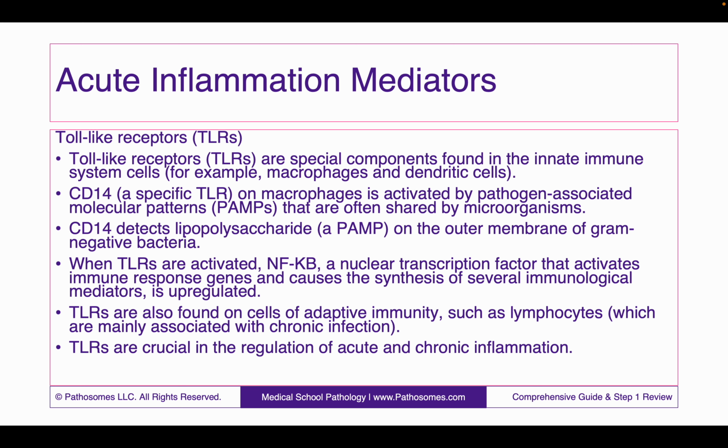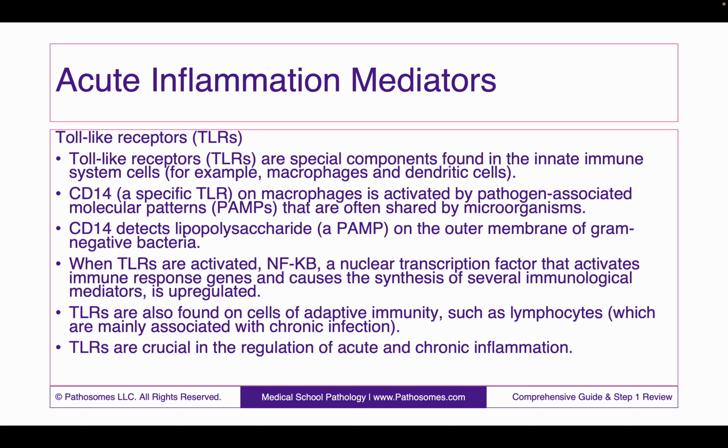What are some of these markers? Well, CD14, which is a specific TLR, toll-like receptor. CD14 on macrophages is activated by pathogen-associated molecular patterns, or PAMPs, that are often shared by microorganisms. CD14 detects lipopolysaccharide, which is a PAMP on the outer membrane of gram-negative bacteria.